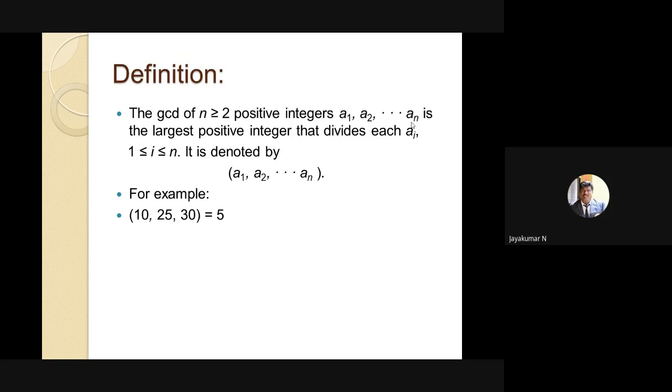Suppose you have more than one common factor, choose the largest one. There are 2 common factors, one is 1, another one is 5. So 5 is the largest common factor. Therefore, the GCD of 10, 25, 30 is 5.